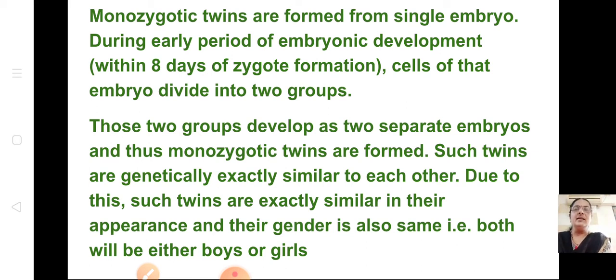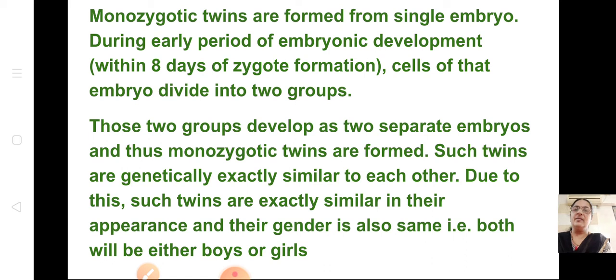Okay, so such twins are genetically exactly similar to each other. There will not be any difference among them. Due to this, the two twins are exactly similar in their appearance, and their gender is also the same. So both can be boys or both can be girls in monozygotic twins.